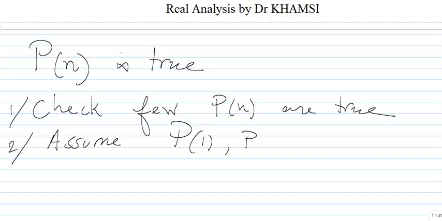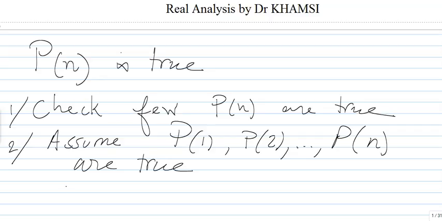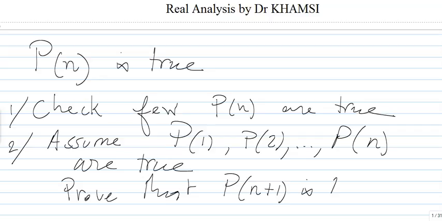The first ones, P sub 2 all the way to P sub n are true, and prove that Pn plus 1 is true. So there are different versions of this induction argument, but this is the advanced one instead of using the basic one.